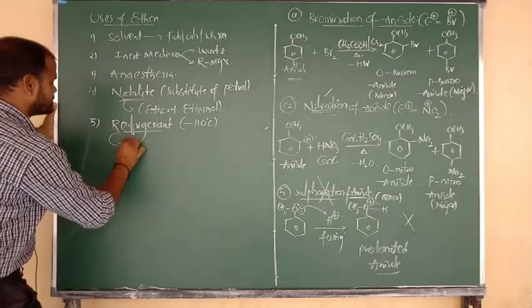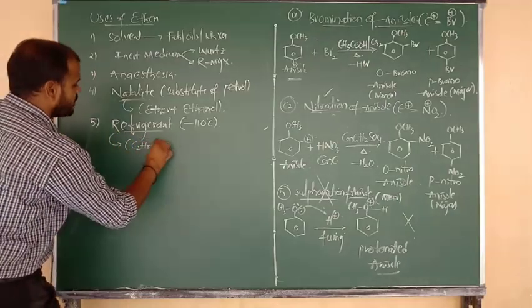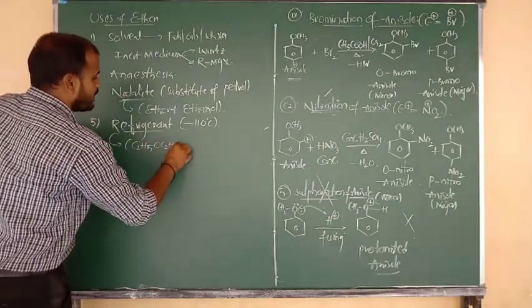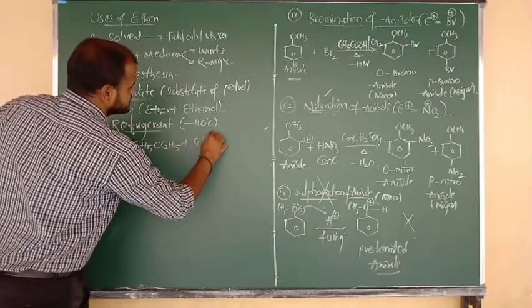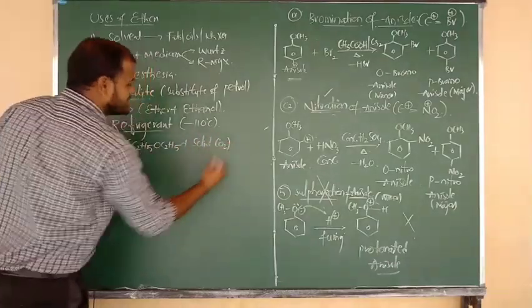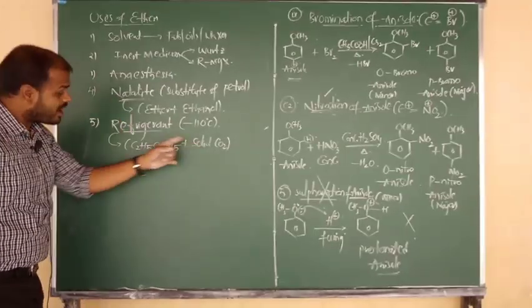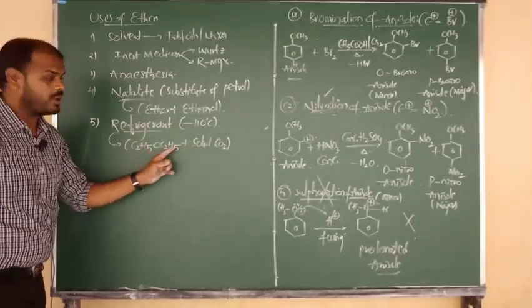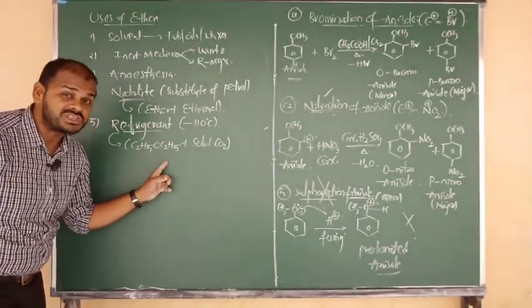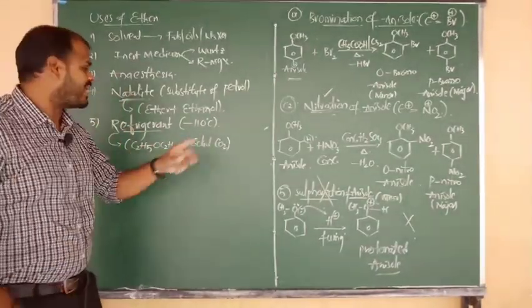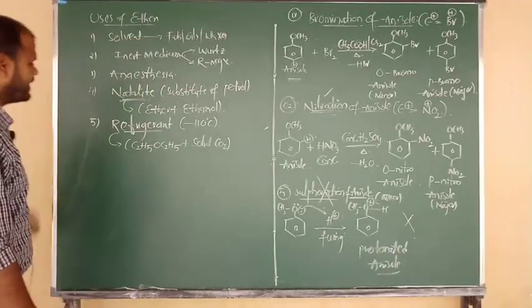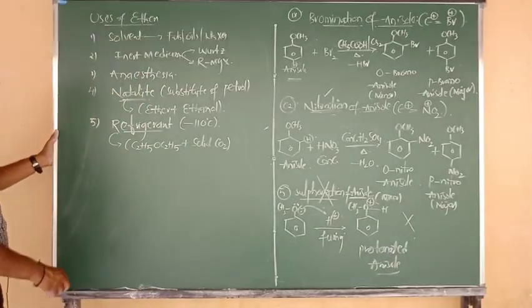The refrigerant mixture is C2H5OC2H5 plus solid CO2. What do you mean by solid CO2? Dry ice, which acts as a refrigerant along with diethyl ether. By using this refrigerant mixture we can produce a very low temperature, equal to minus 110 degrees Celsius. Did you understand clearly?